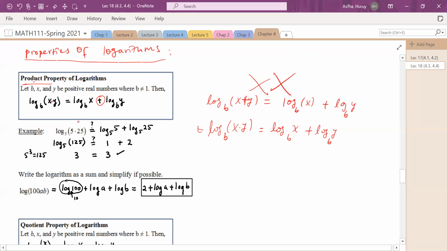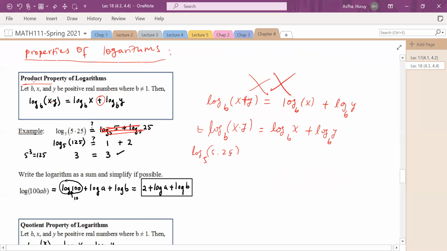And a simple example that we can use this for is, let's say we have log of 5 times 25 base 5. We already know the answer here, of course.